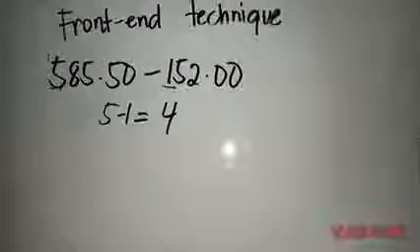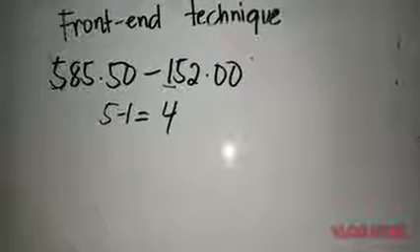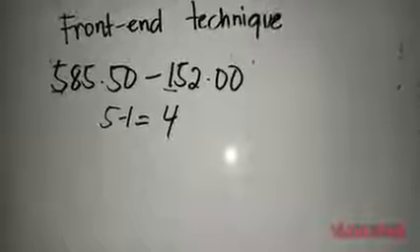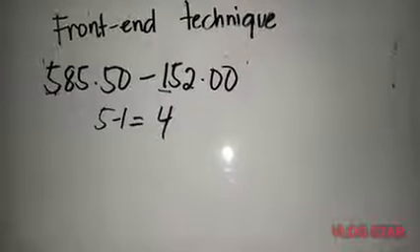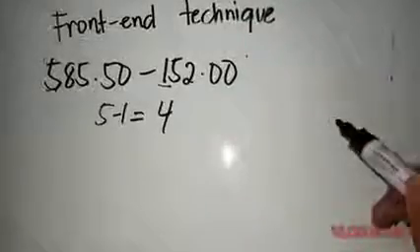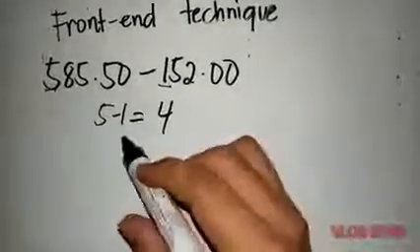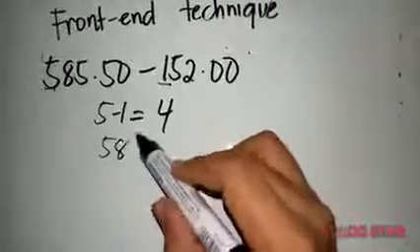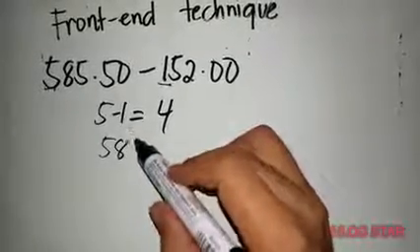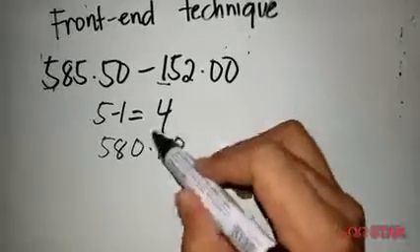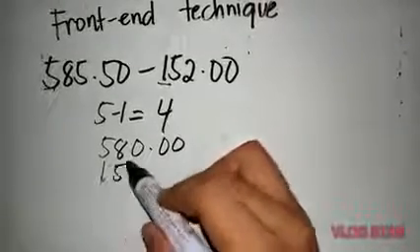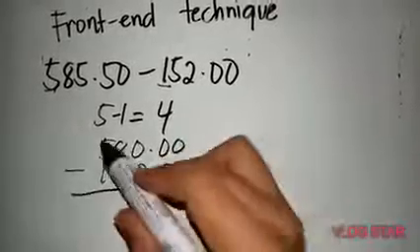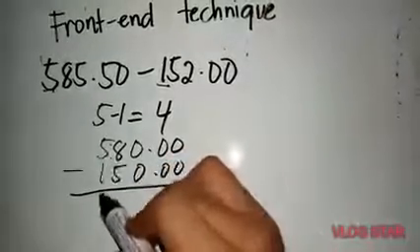The next step is let's adjust our estimate by subtracting the next digit. So we will subtract the next digit. We're done with this one, which is 4.